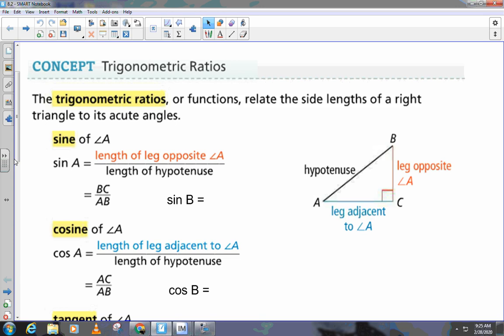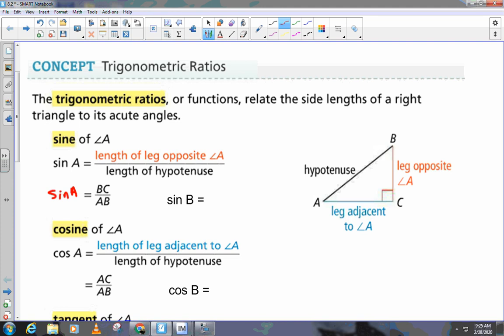So if we're doing the sine of A, we come over here to angle A, and that ratio is the opposite leg over the hypotenuse. So if I'm doing the sine of A, the opposite leg is BC, and the hypotenuse is AB.